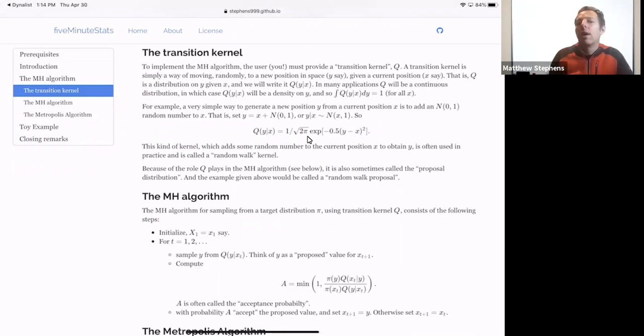There are other kinds of kernel people use when doing MCMC, but this kind is very common. It's called a random walk kernel, where you take the current state and change it a little bit by adding, usually a normal, but sometimes some other distribution, random variable to it.